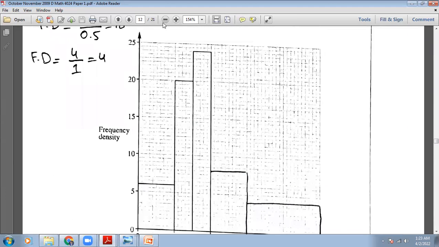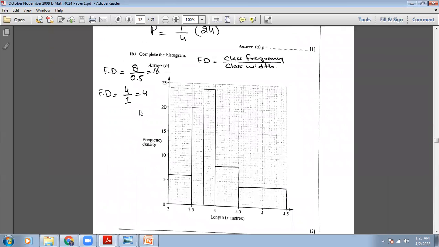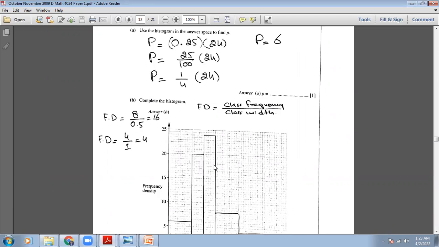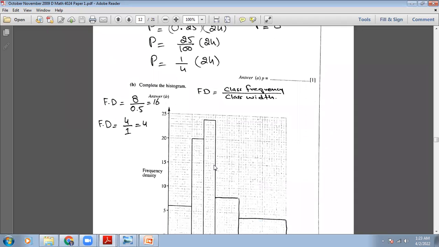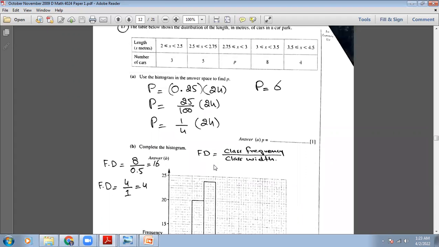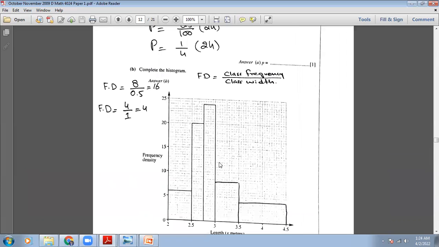So on the histogram, we will plot this. Let me show you. From 3 to 3.5, it will be up to 16, and 4 divided by 1 will be 4. So that will be here.